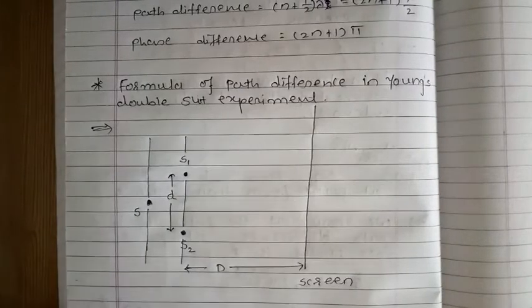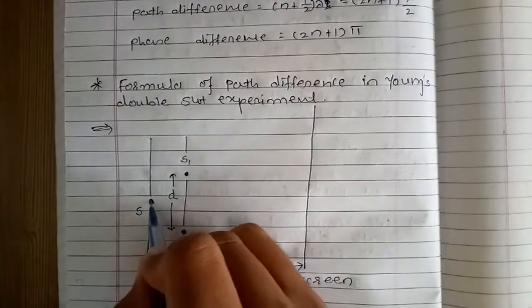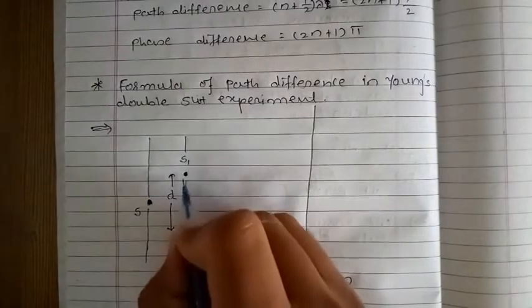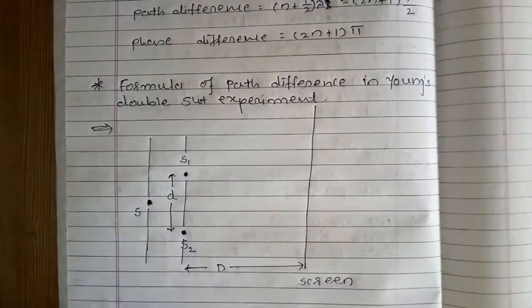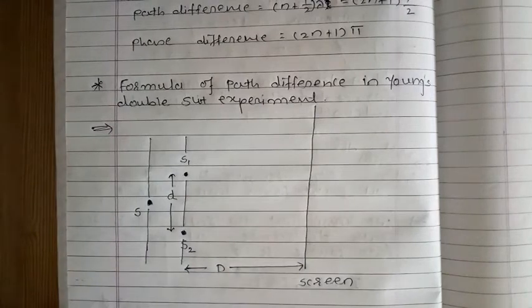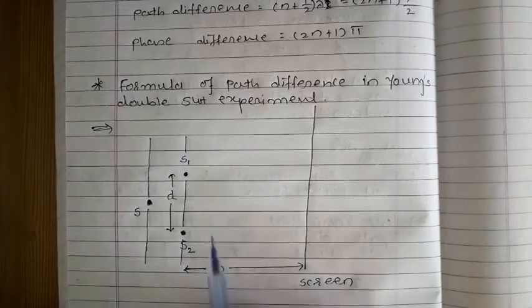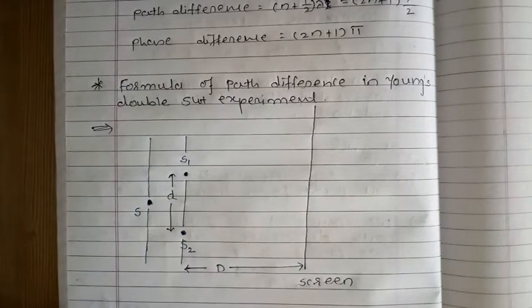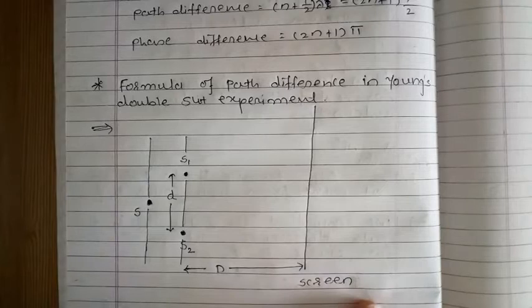Now the wavefront emerges from slit S, right, and is incident on slits S1 and S2, and this wavefront is incident on S1 and S2 at the same time. So here we can say that S1 and S2 are coherent sources, right?